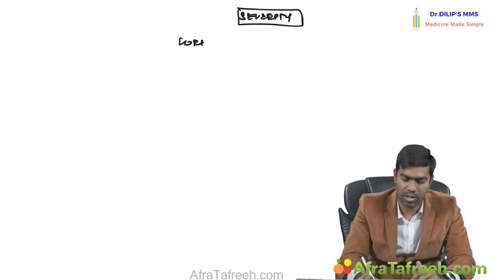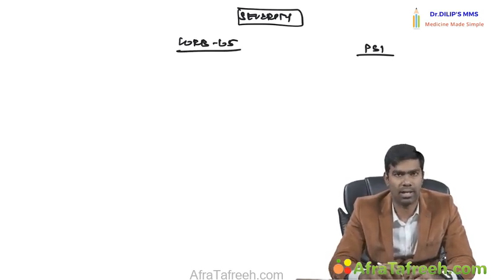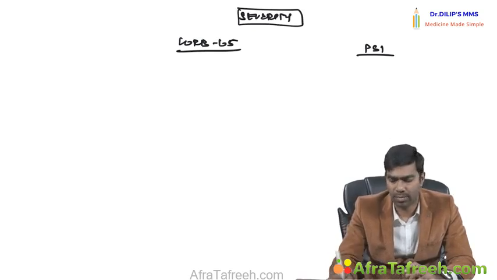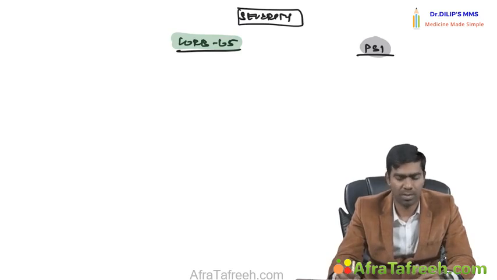One is called the CURB-65 score, and the second one is the pneumonia severity index, PSI. But what is preferred is the pneumonia severity index because of its accuracy. What is actually easy is the CURB-65 score because of the uncomplicated five data points that you are going to see in it. What do you mean by CURB-65?